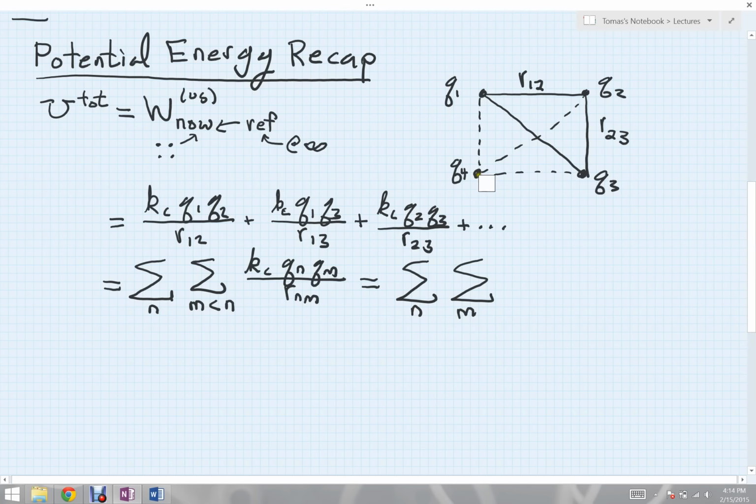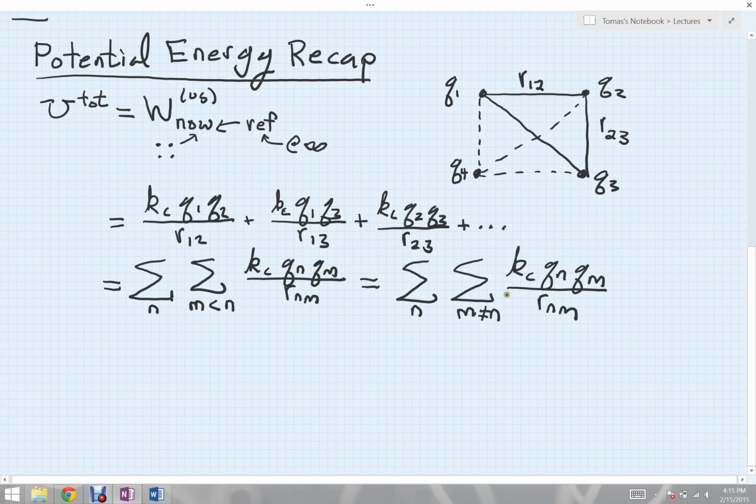If I consider the same exact charge, the distance like r44 from one charge to itself would be 0, and that's silly. The charges aren't interacting with themselves. So I'd sum over all m not equal to n of my combination, Coulomb's constant, Qn, Qm over Rnm.